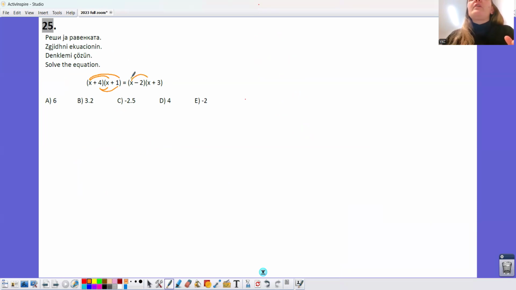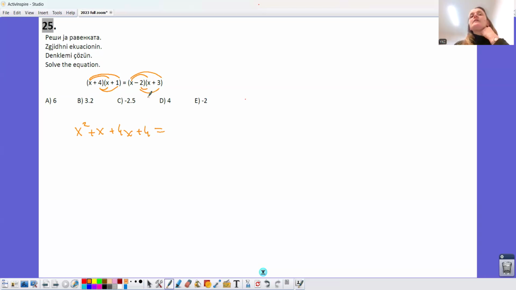Same thing I will do for the other part. And it will become x times x, it's x squared. x times 1, it's 1x, plus, because both of them are plus, 4 times x, it's plus 4x. 4 times 1, it's plus 4, is equal to.